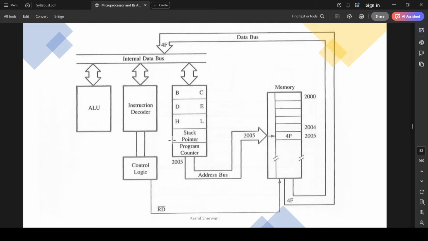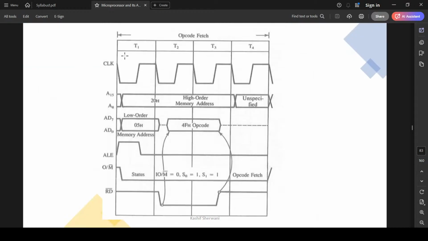Instruction decoder was there. Control logic was there. The register array was there. Address was there. This is the memory location. Remember. This is easy. Yeah, guys, welcome to the timing diagram.